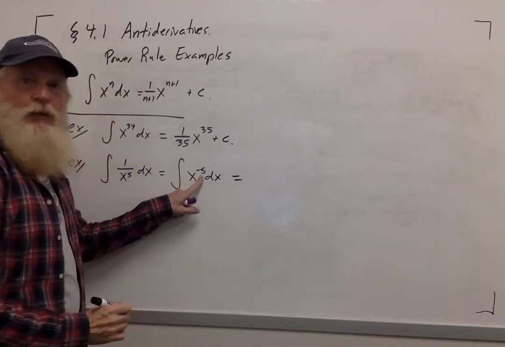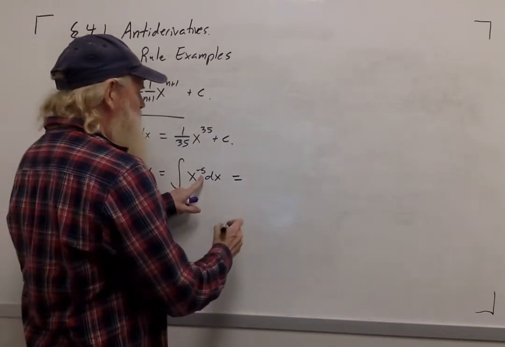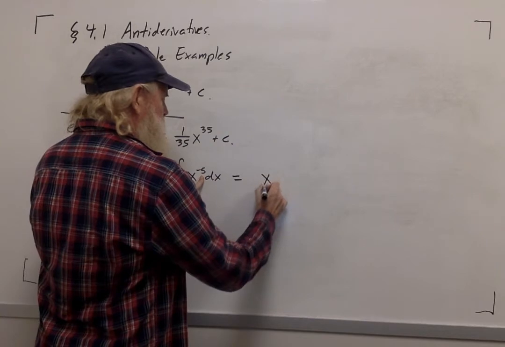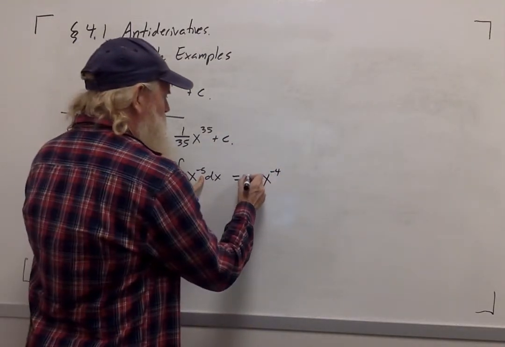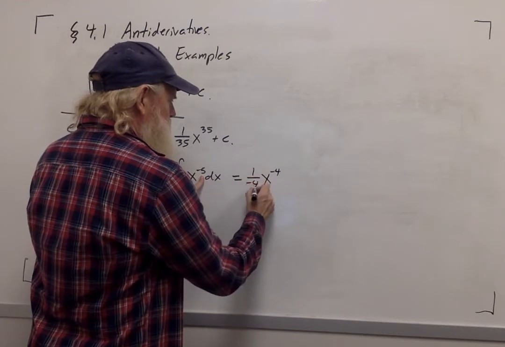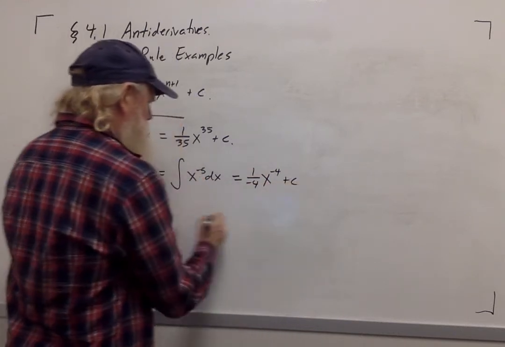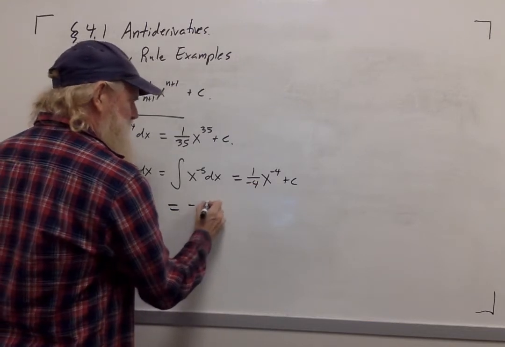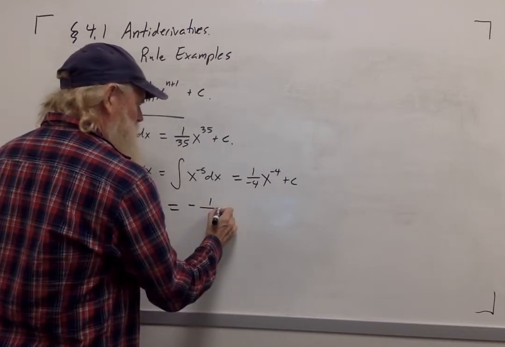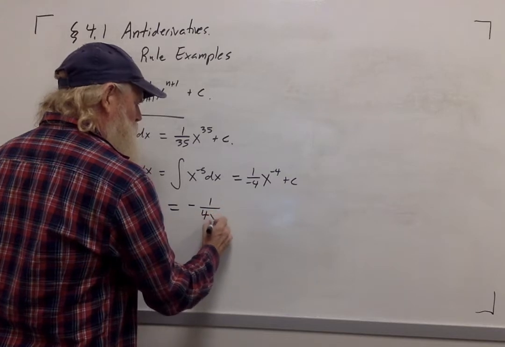And then we need to add 1 to the exponent. Negative 5 plus 1 is negative 4. And then we divide by the new exponent. If we want to clean that up a little bit, that looks like negative 1 over 4x to the 4th.